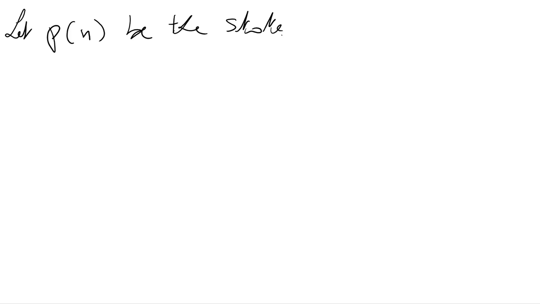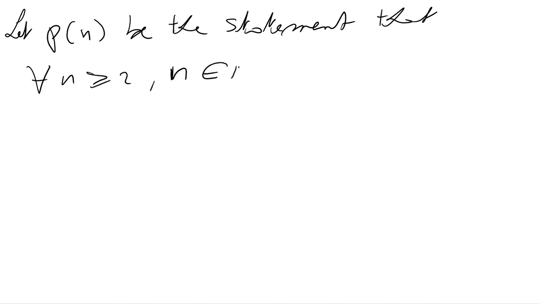So what I'm going to do is say that let P of n be the statement that for all n greater than or equal to 2, n in the set of natural numbers, n factorial is less than n to the n.